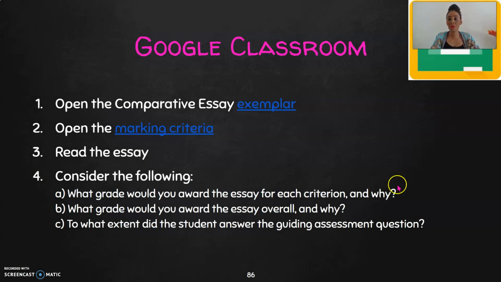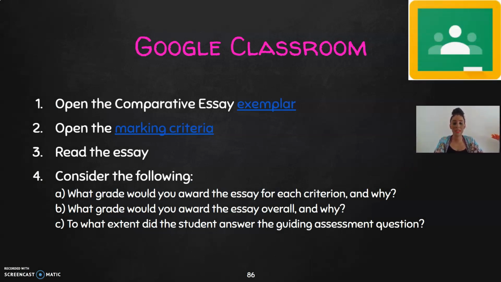So if you go to Google Classroom, what you will see is a copy of the comparative essay exemplar. You'll also see a copy of the marking criteria, and what you need to do are these 3 things. Consider the following. A: what grade would you award the essay for each criteria and why?